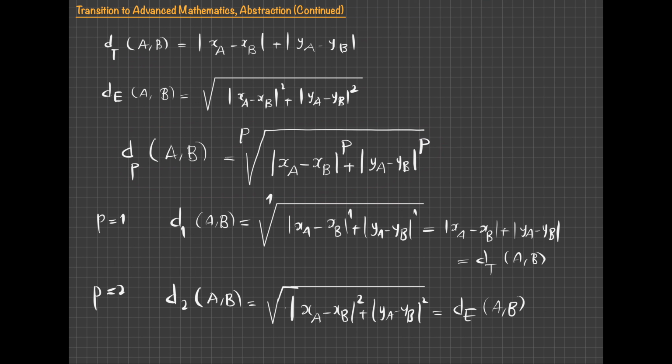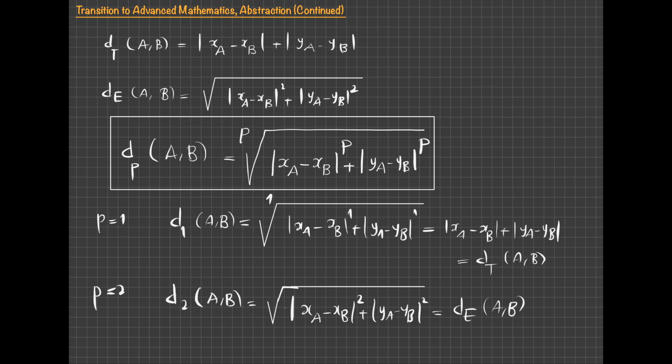So we were able to write at least a formula that generates the taxicab metric if I choose p equal to 1, and generates the Euclidean metric if I choose p equal to 2, even though the taxicab metric and Euclidean metric are really quite different. But I was able at least to unify them under one type of formula.